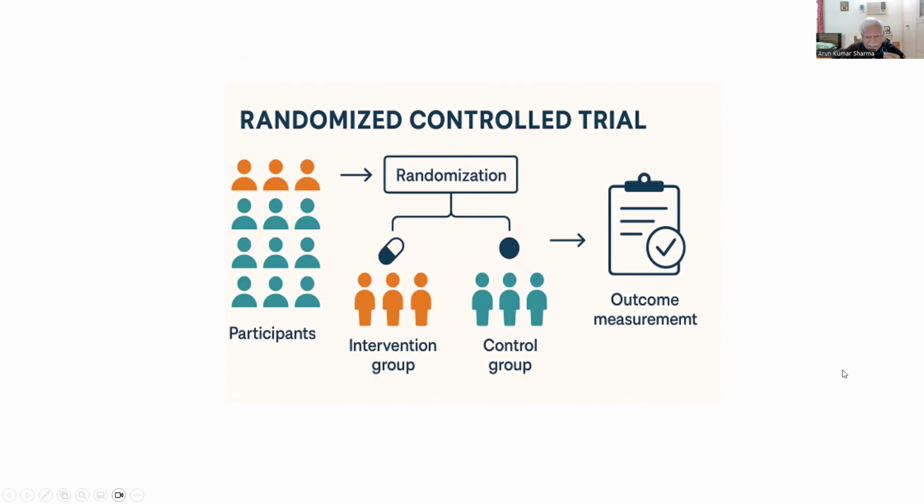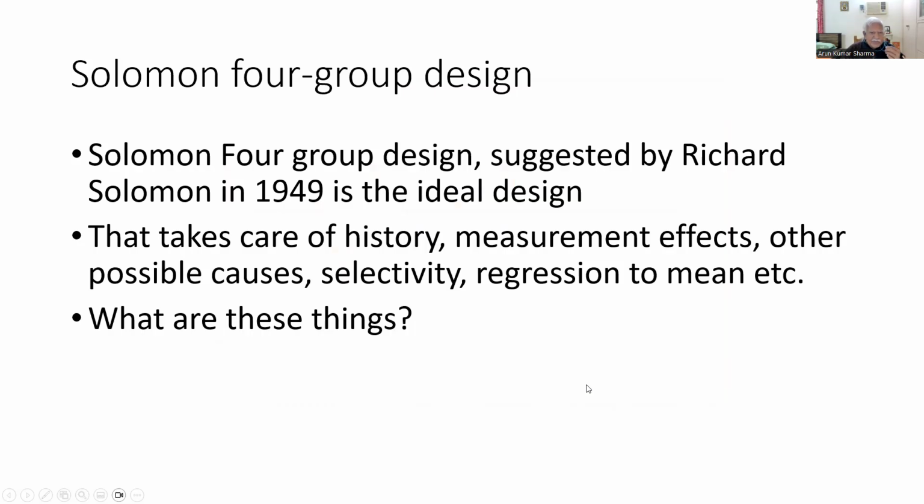If it is sufficiently large, in statistics books, it is said that a sample size of 30 is sufficiently large. So if sample size is sufficiently large, we assume that with respect to other characteristics which might affect the outcome, there are no differences between participants included in intervention group and participants included in the control group.